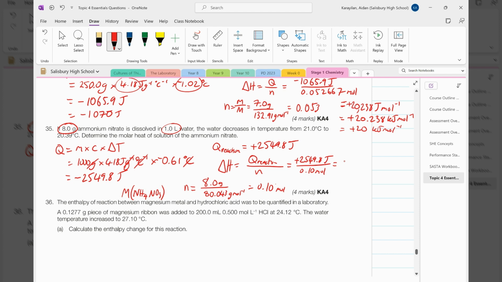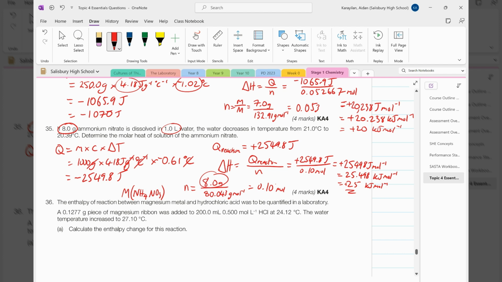So that's going to be positive 25,498 joules per mole, which is 25.498 kilojoules per mole, which in two significant figures is almost 26, but it's going to be positive 25 kilojoules per mole. Now we can only have two significant figures because our mass is only in two significant figures.